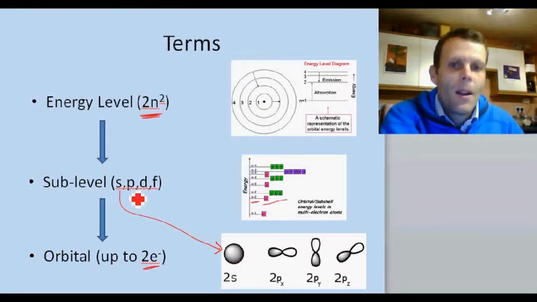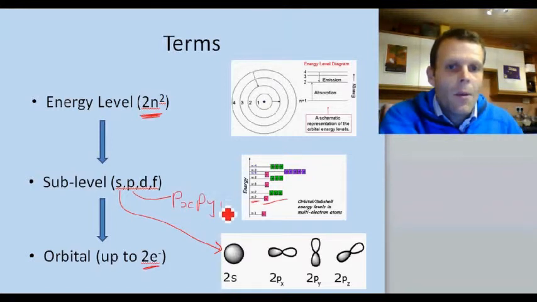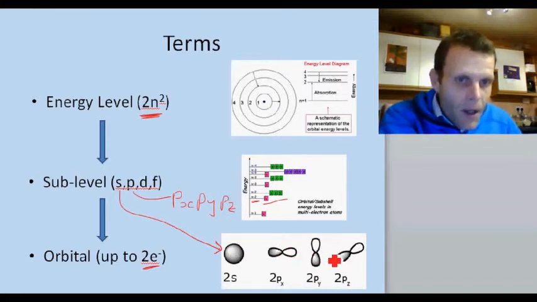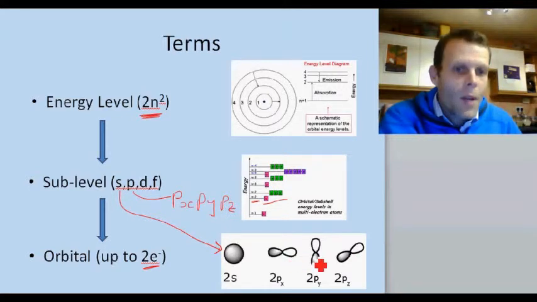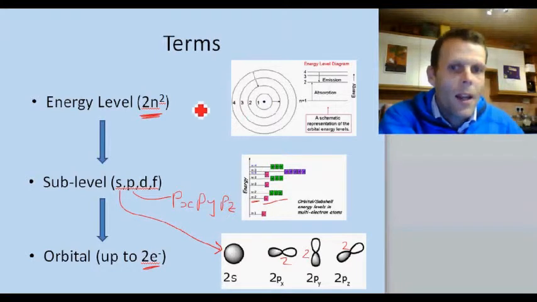The p sublevel actually contains 3 p orbitals, and so there's px, py, pz. These are at right angles to each other. Again, each of these can hold 2 electrons. So there's up to 2 electrons in here, up to 2 electrons in here, and up to 2 electrons in here. So our p's can hold up to 6. So an s sublevel can hold 2.